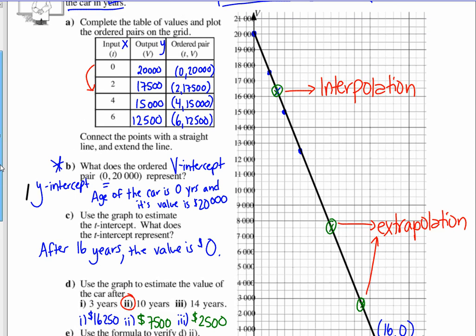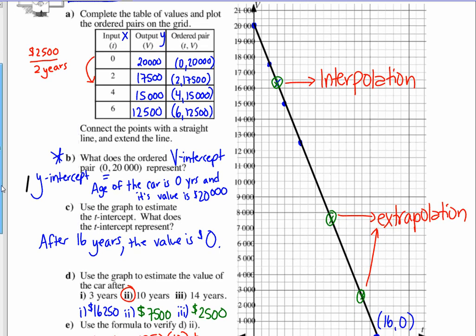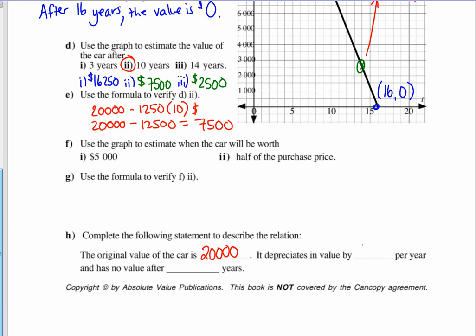Looking at our chart, it went down 2,500 in 2 years. So how much is that per year? Hey guys, let's be very careful of that. That wasn't per year, that was every 2 years. So 1,000, how much? $1,250 per year, and it has no value after 16 years.